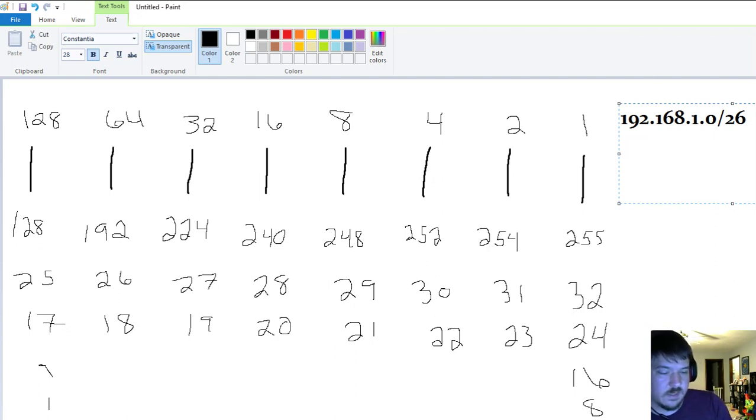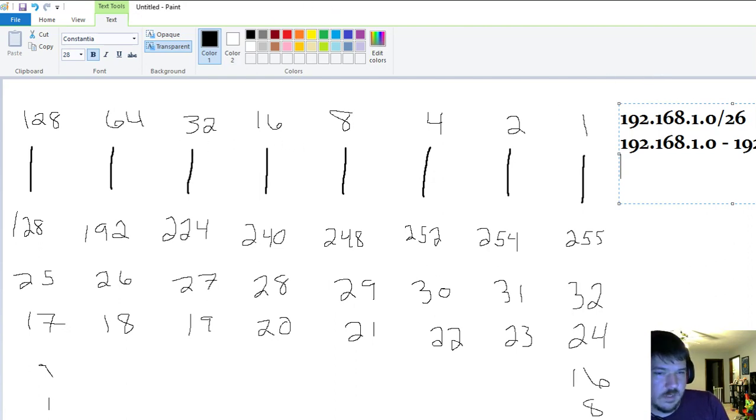This means that's going to be 192.168.1.0 through 192.168.1. If you guys want to guess, that's right. It's going to be 64. Well, 63 technically.